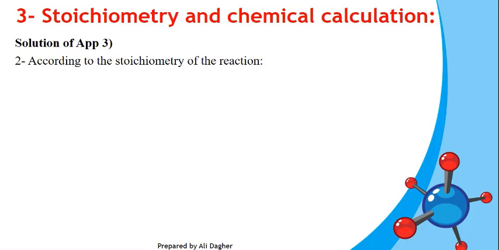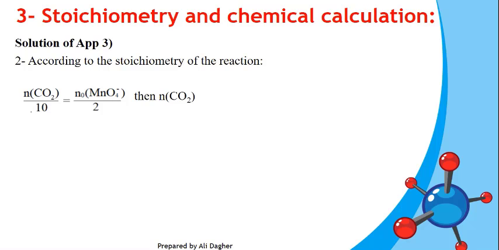To calculate the volume of CO2 that should be obtained, we should calculate first the number of mole of CO2 that should be obtained. According to the stoichiometry of the reaction, or stoichiometric ratio, number of mole CO2 over 10 equals N0 MnO4- over 2. We calculate the product using the limiting reactant MnO4-.